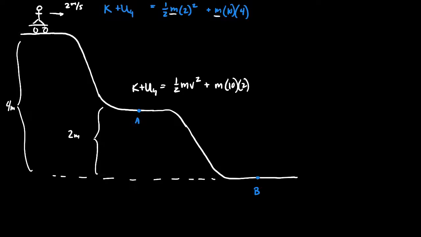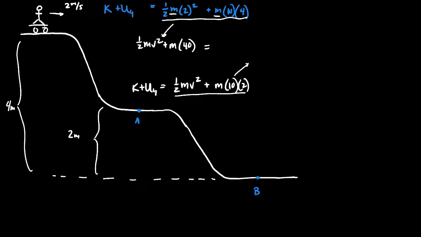Now, for conservation of energy, those two have to be equal. All of this has to equal all of this. So 1/2 mv squared plus m times 40. Oh, not v squared.